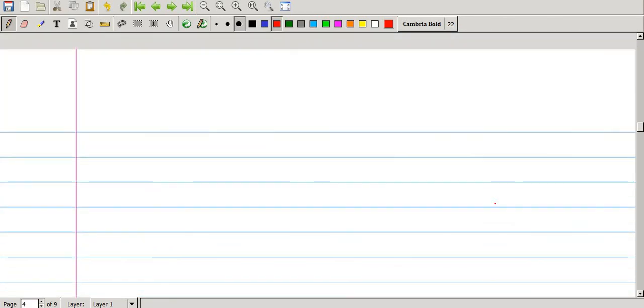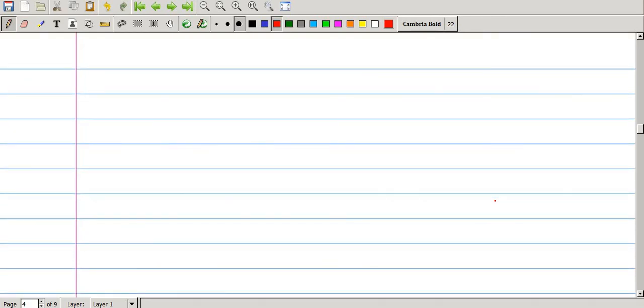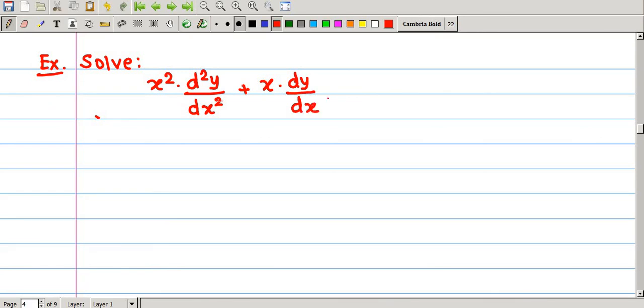So let's take one example for a better understanding. Solve the following differential equation: x squared into the second order derivative of y with respect to x plus x into dy by dx is equal to a plus b times log x.